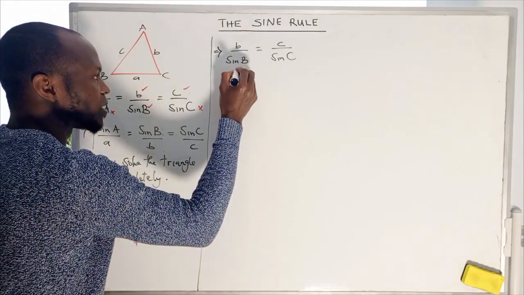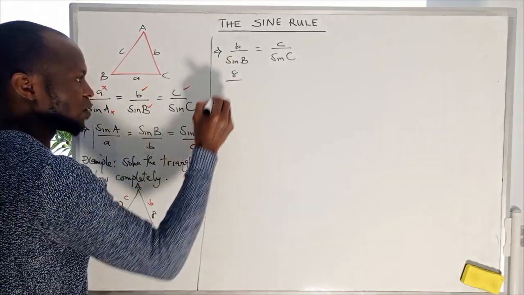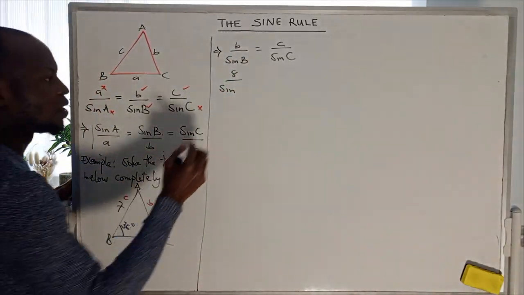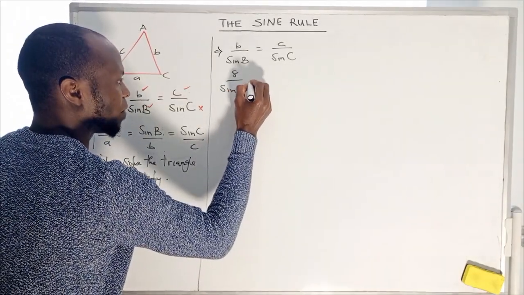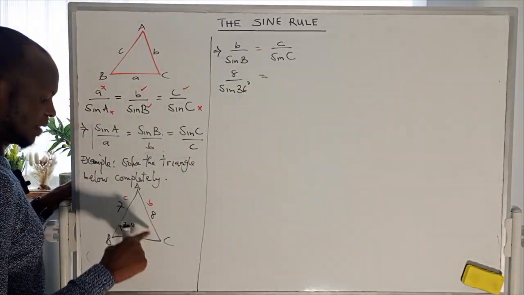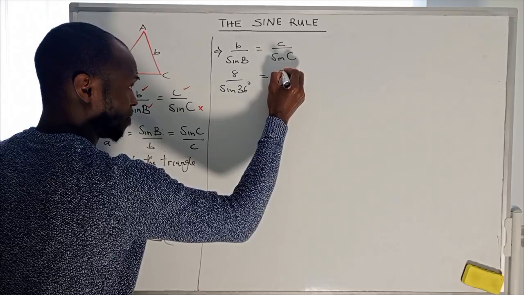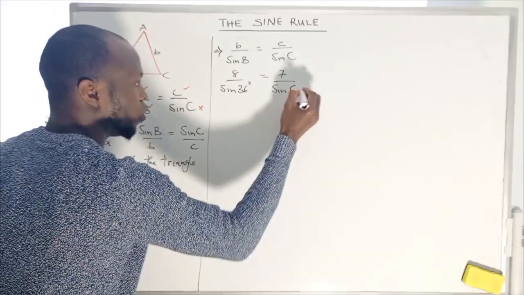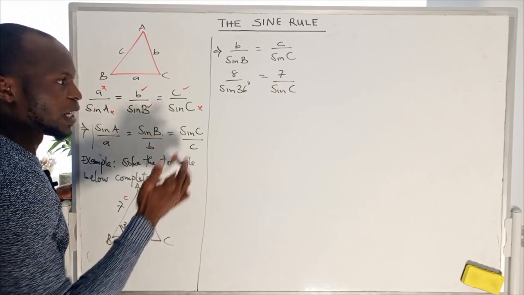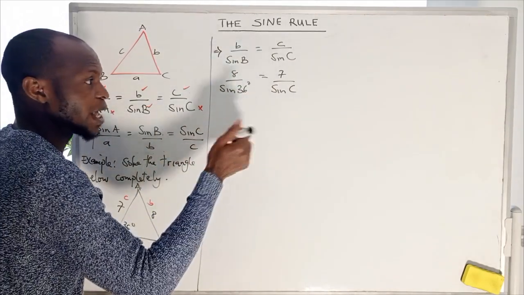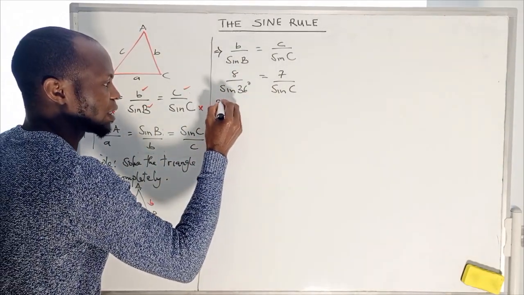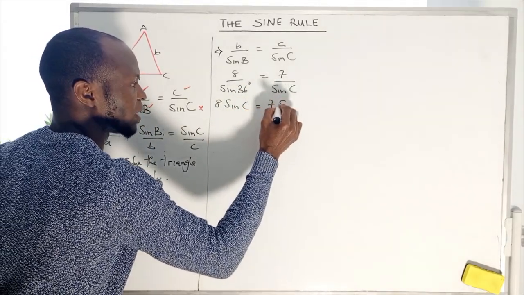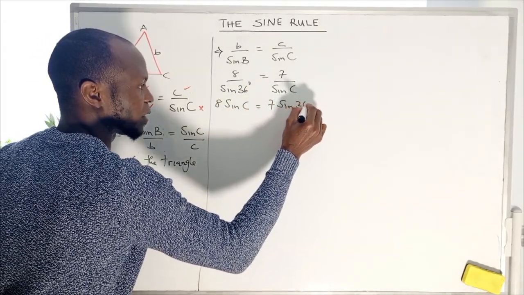Your side B is 8 over sine of angle B, which is 36 degrees, equals your side C, which is 7, over sine C. Do you know your angle C? No. Now from this, if you cross multiply, we have 8 sine C equals 7 sine 36.